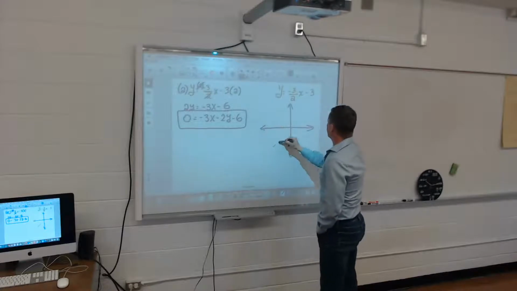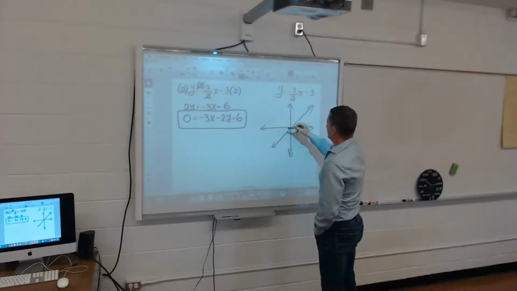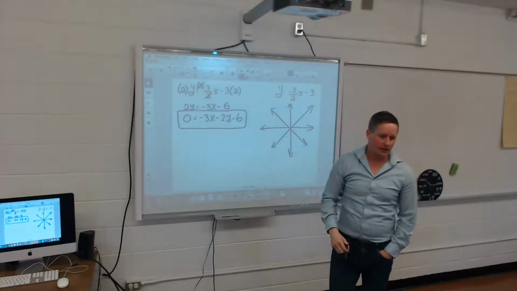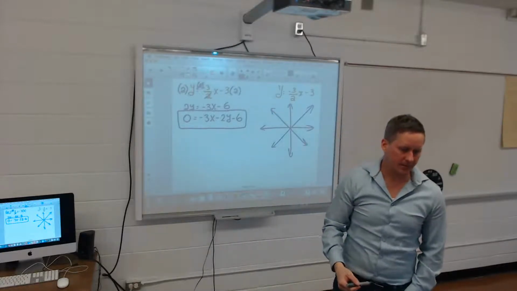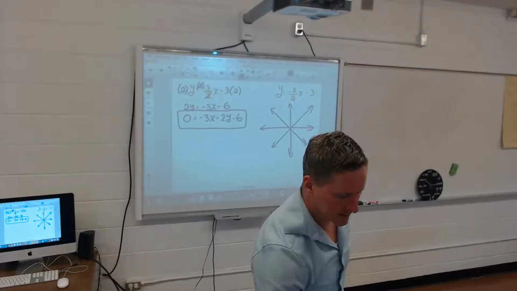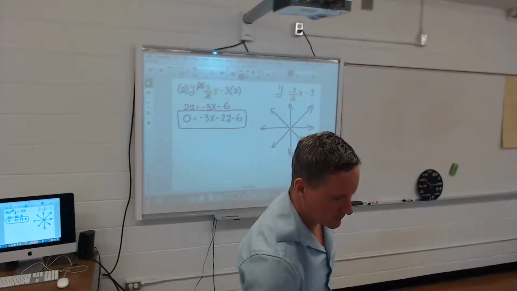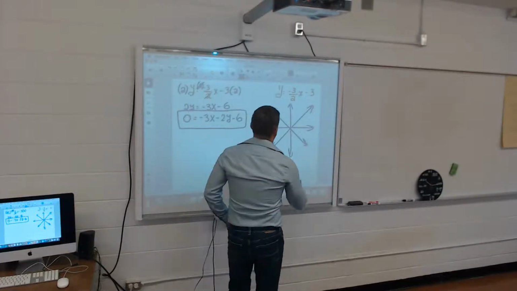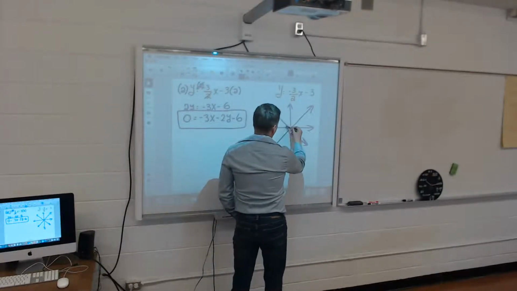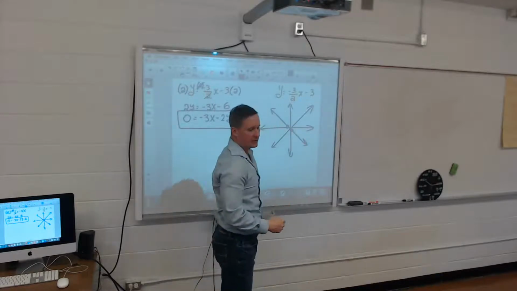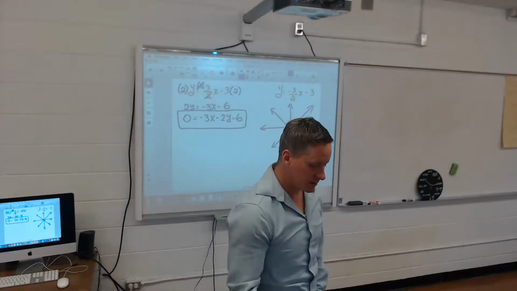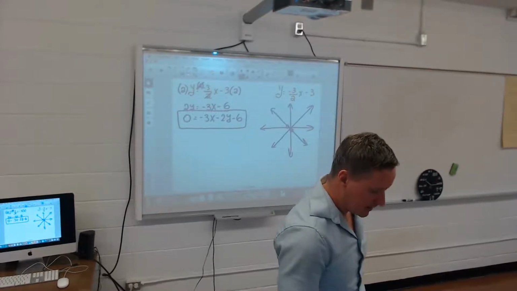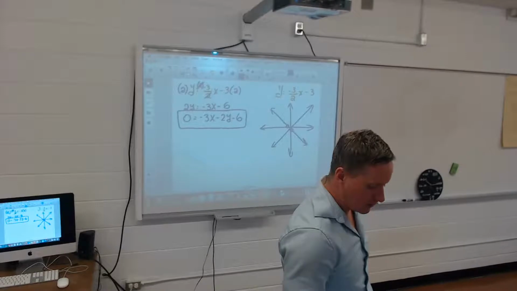Whether the line goes this way or this way, doesn't matter which, you're going to have one x-intercept and one y-intercept. You'll notice that it crosses right here and it crosses right here. So that's your x and your y. So the answer to that question in B is, it will have one x-intercept and one y-intercept.